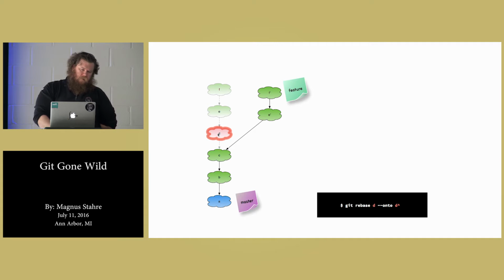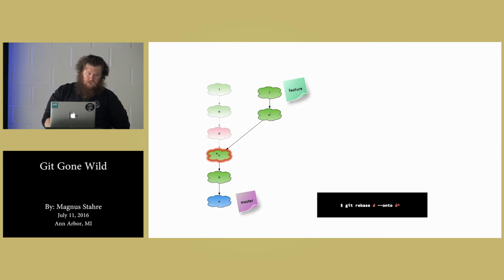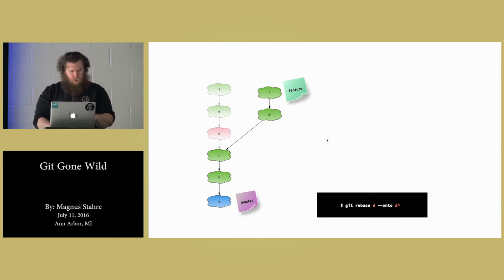So we say D, meaning anything that is coming after D. So in this case, E and F. We want those to, instead of being here, be applied on top of the parent of D, or C in this case. So you can either say D caret here, or you can say C. They will result in the same thing.